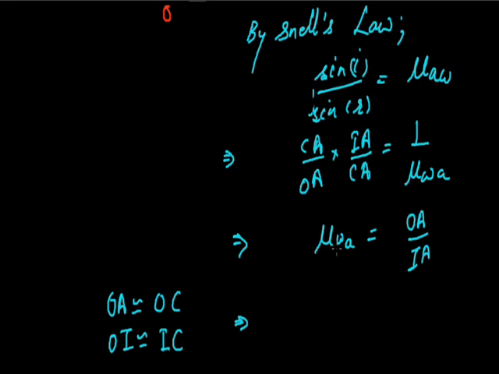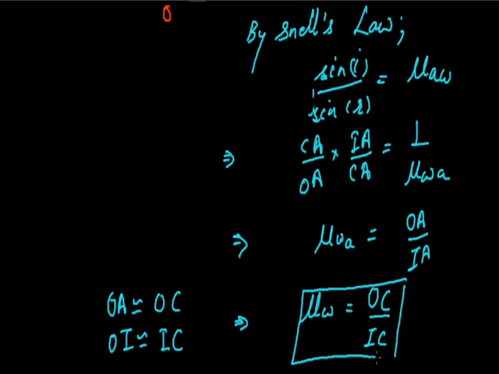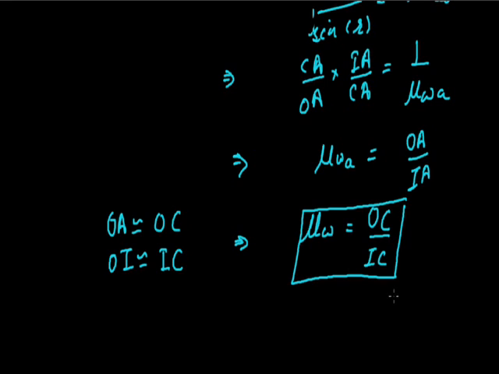So this equation reduces to the refractive index of water is equivalent to OC upon IC, where OC is the real depth and IC is the apparent depth. So we can write this again as the refractive index of water is equivalent to real depth upon apparent depth.